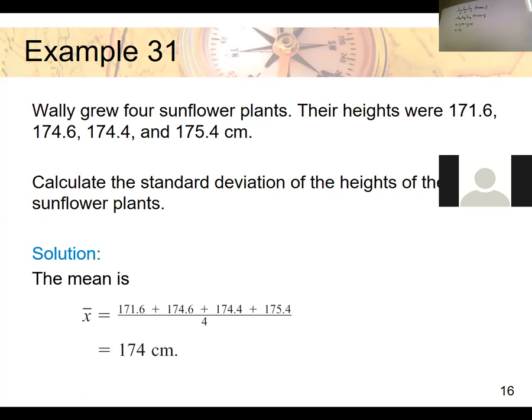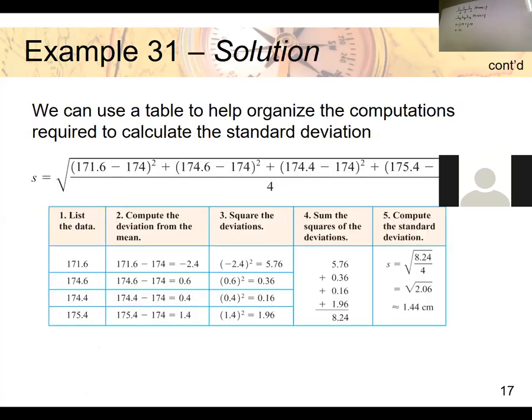And then next you're going to see this. Here, we list the data set, and it doesn't have to be in numerical order necessarily. And then you're going to compute the deviation from the mean.